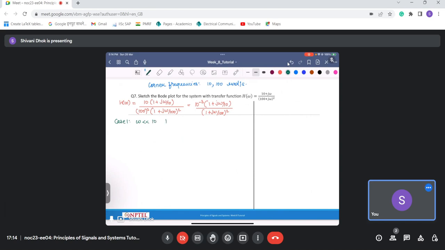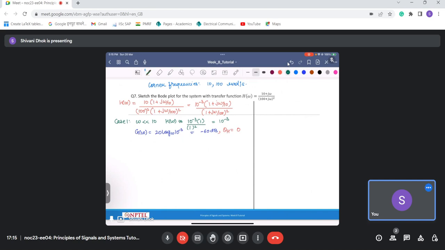In that case, H(ω) can be approximately written as 10⁻³ into 1 upon 1², which is equal to 10⁻³. So now G(ω) is equal to 20 log to the base 10 of 10⁻³, which is equal to minus 60 dB. And also here this angle θ_H is simply equal to 0 because it is a positive number.